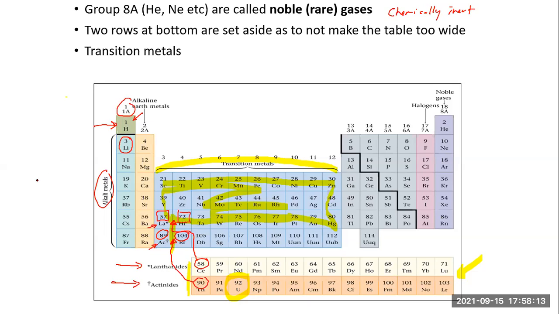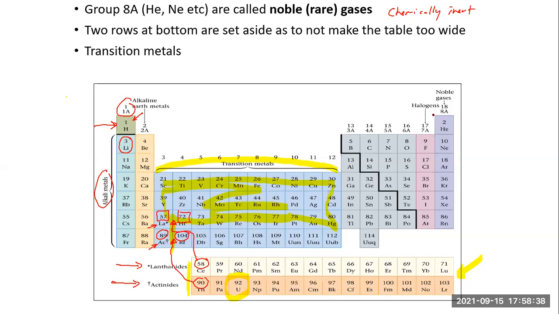Other questions? I have a question. Would hydrogen be part of group 7A? No, hydrogen is really not part of a group. It's just kind of by itself, because it has a lot of special properties.